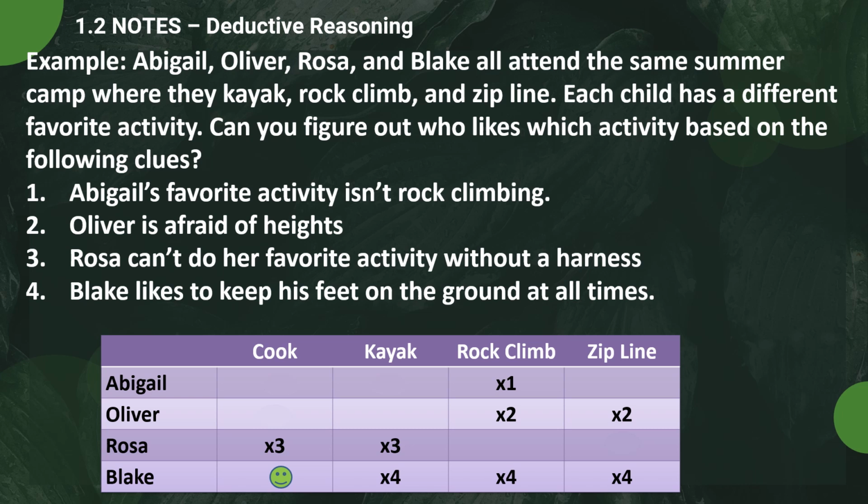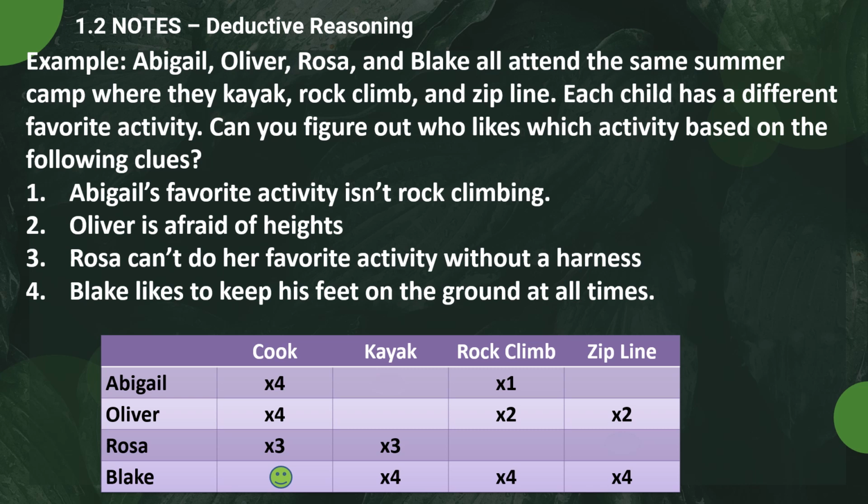Okay, so that's great. But now, if Blake is the cook, that means nobody else can be the cook. So that clue helped us: Oliver cannot be the cook, nor can Abigail. Now, when we did that, take a look at Oliver.